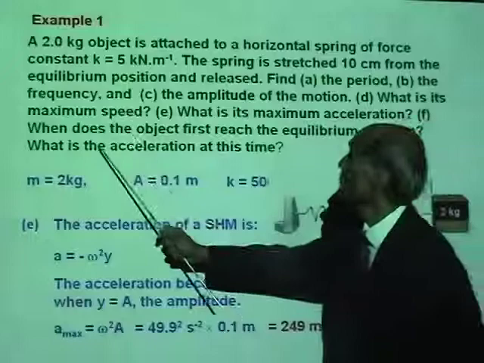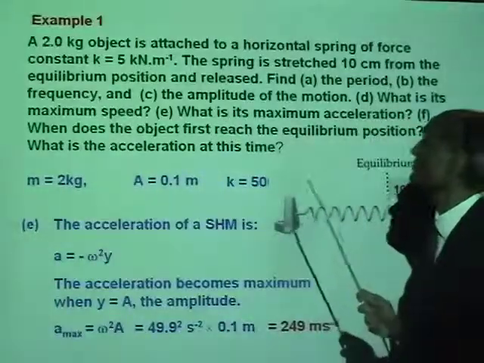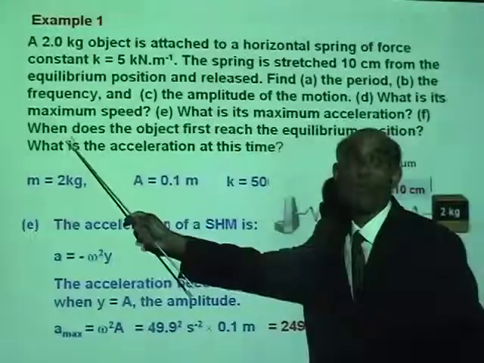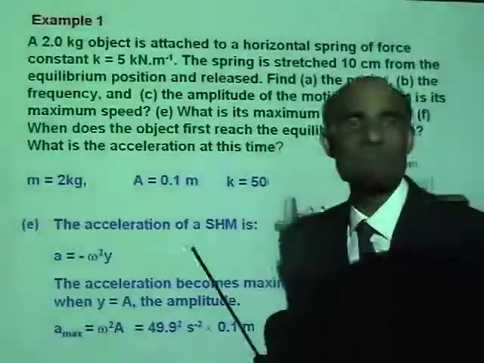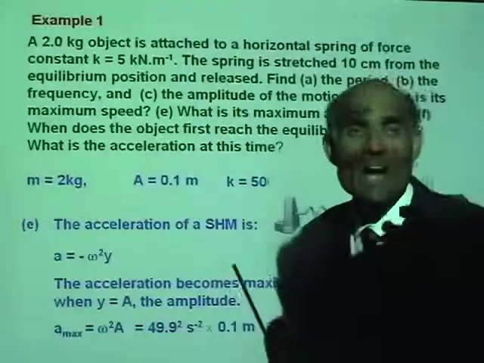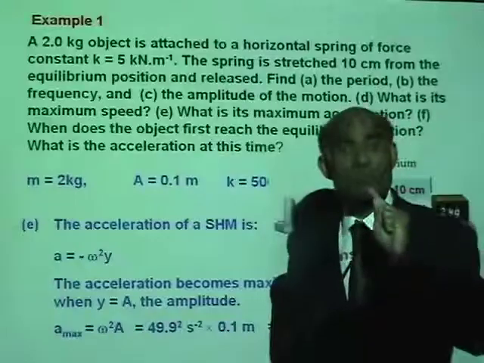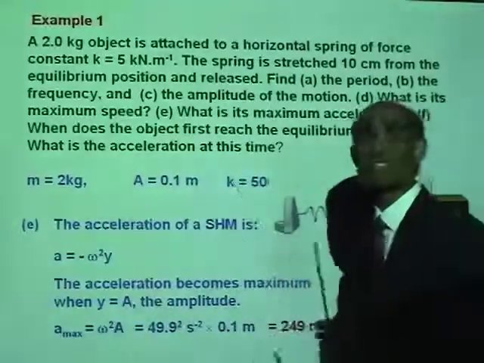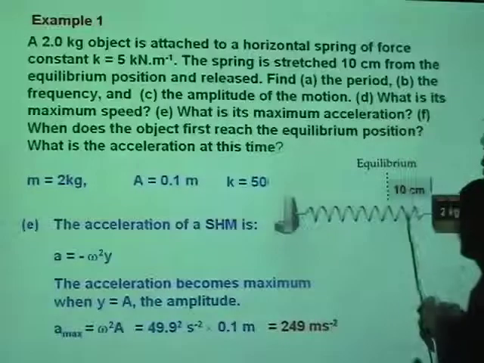Well, we found the maximum acceleration. Next, when does the object reach the equilibrium position? After what time? Do you remember we obtained the period of oscillation? We have calculated the period of oscillation. Now, look what happens.